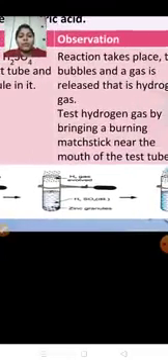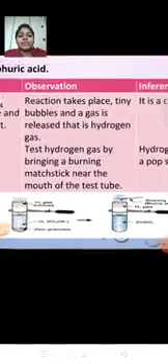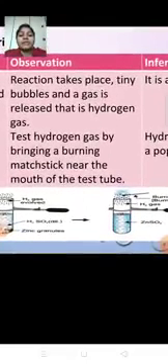As you add zinc granule in this acid, you will see some reactions coming. We can see some bubbles forming, and along with that a gas is released. So the gas which is released is known as hydrogen gas.